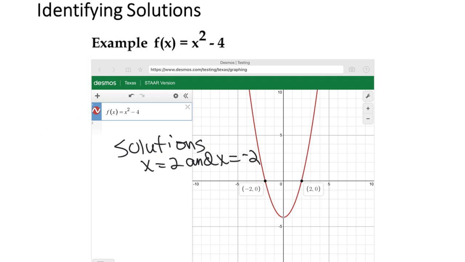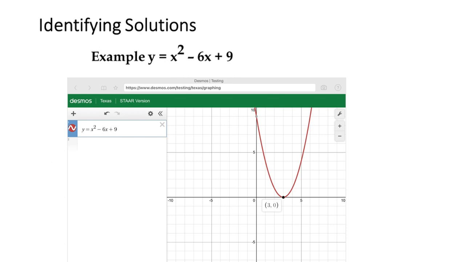You may see this written as x equals positive or negative 2. So if this problem said find the solutions, the roots, the zeros, or the x-intercepts, the answer is x equals positive or negative 2.